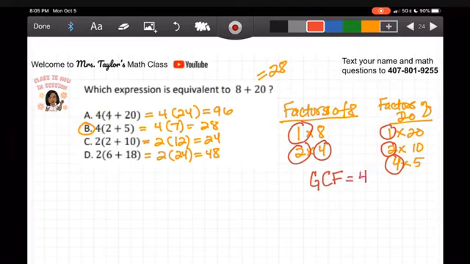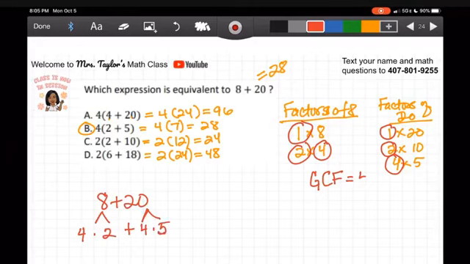So we're going to take the 4 out, and what's left over? So this is what they want the kids to be able to do. So basically what you're doing, let me erase that a little bit, to give you a little bit more background. You're going to take your 8 plus your 20, and you're going to break this down into 4 times 2 plus, and break this 20 down into 4 times 5.